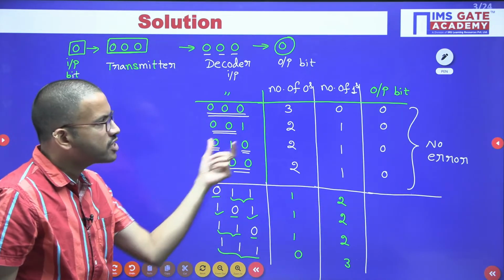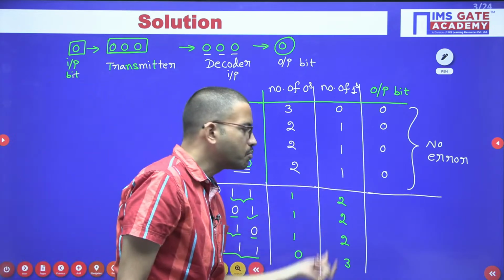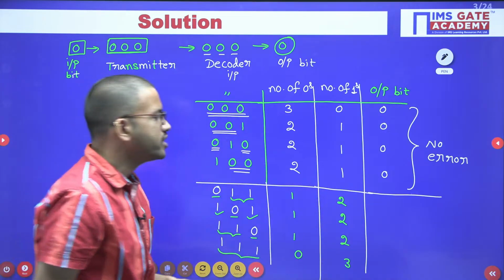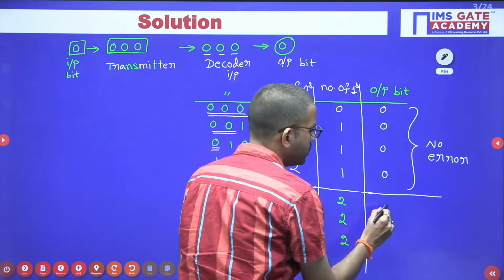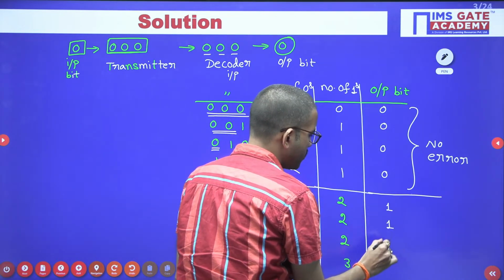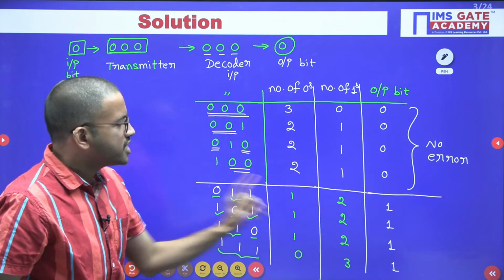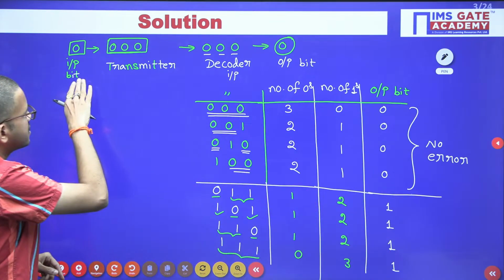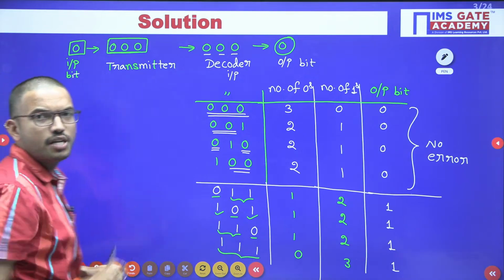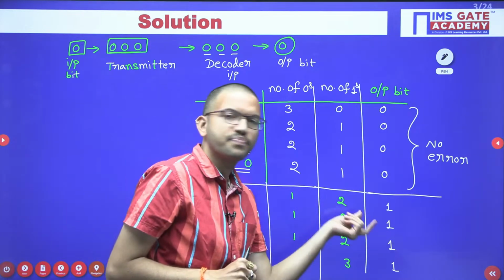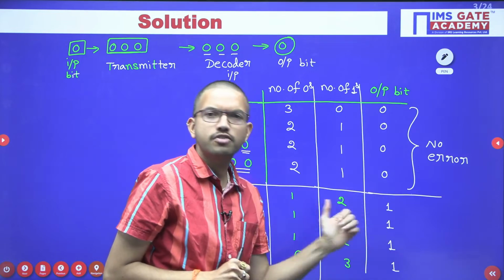So at the output of the decoder, because number of ones are more, obviously the decoder is going to produce output as 1. Okay, now just observe, at the transmitter side, you have transmitted actually bit value 0, but at the receiver, you are going to get output as 1.